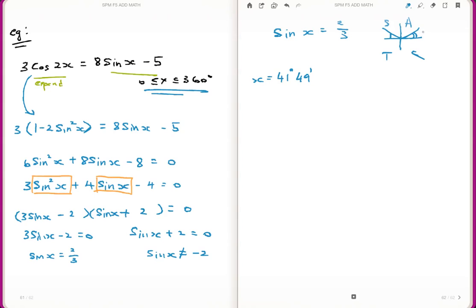The same goes with here, 41 degrees 49 minutes. But our angle is always measured from 0, so here to here you find out. All you need to do is use 180 subtract this, and therefore the value would be 138 degrees 11 minutes. So this is the final answer.